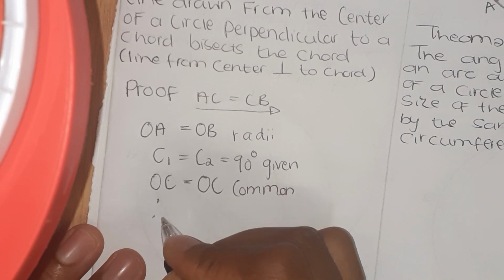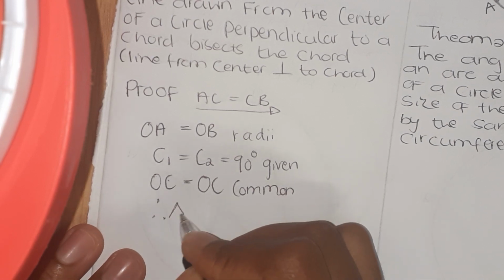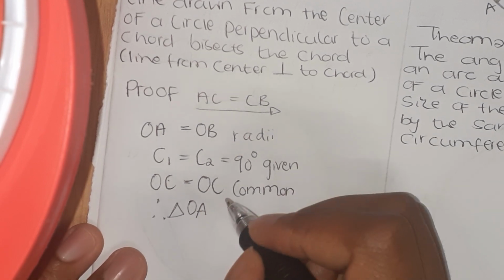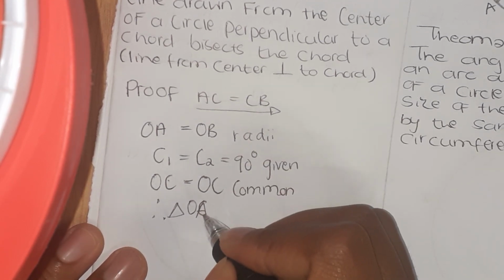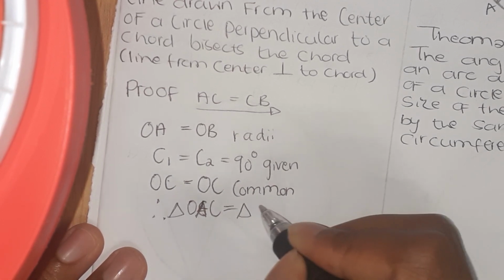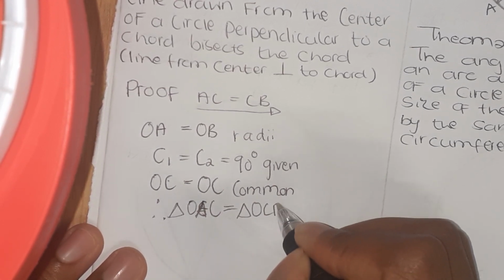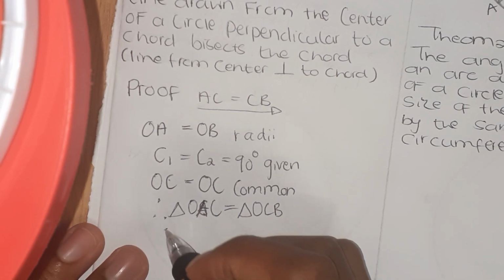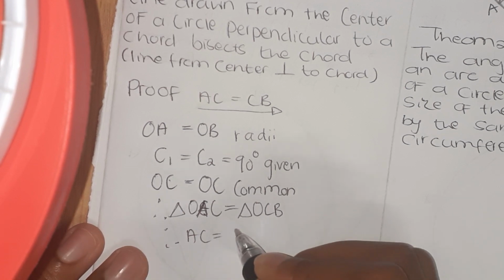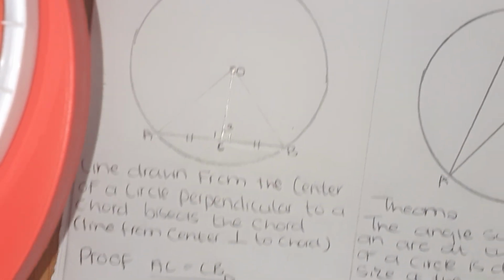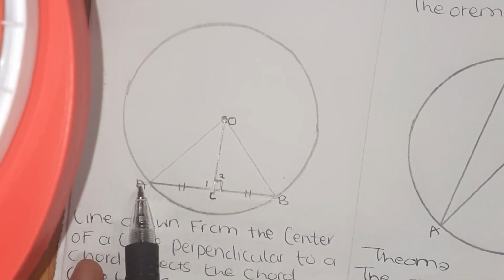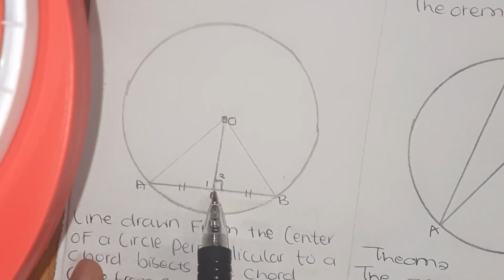And therefore triangle OAC equals triangle OCB, and therefore AC equals CB. So we used triangles to prove that AC equals CB.